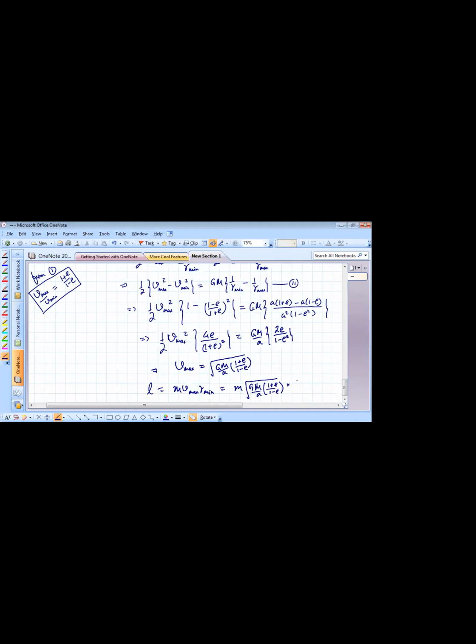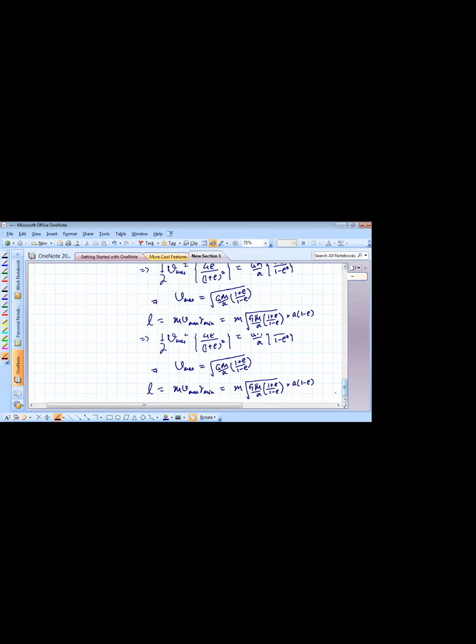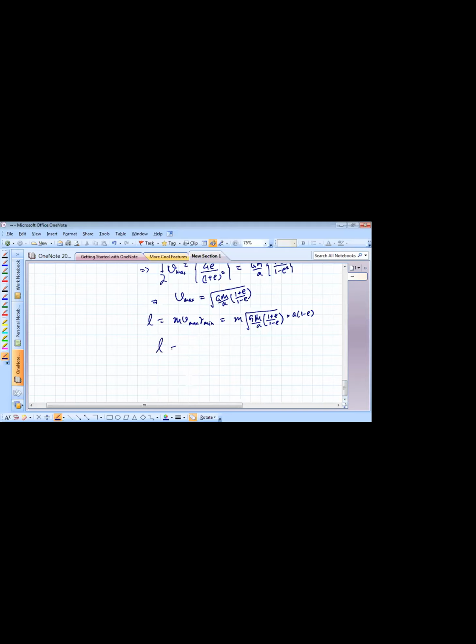Now r minimum was a into 1 minus e. So you can see that the angular momentum is now like this. Take all these terms inside the square root. So we'll have capital G M small m square a into this factor into 1 minus e whole square, so that it will become 1 minus e square. So this is the relation of angular momentum with eccentricity. So this is, let's say, our equation 1.